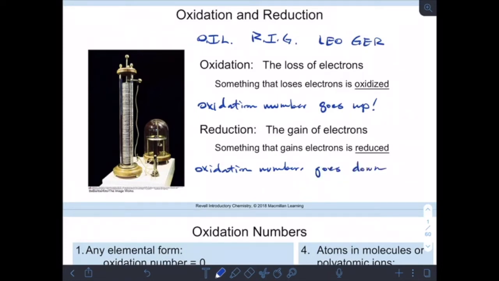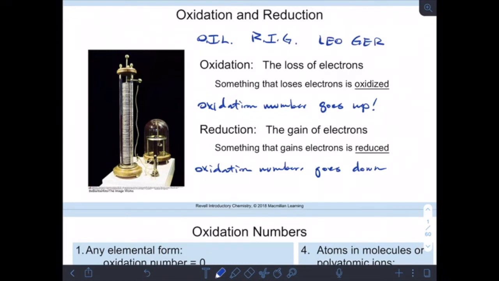In my mind, reduction is the easier one to find because when you reduce something, you make it smaller. The simple definition of to reduce something is to make it smaller. So if something has an oxidation number that goes from a +3 to a +2, that's an oxidation number that has gotten smaller, and so a reduction has happened.